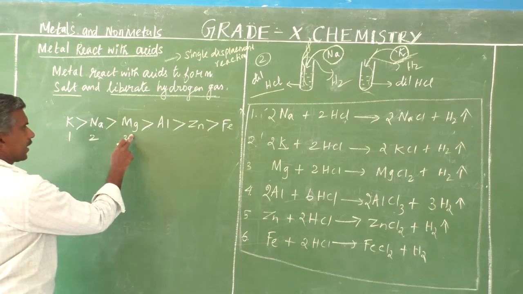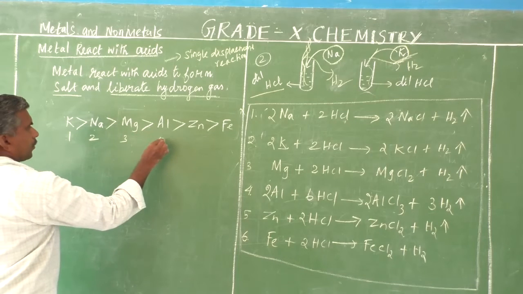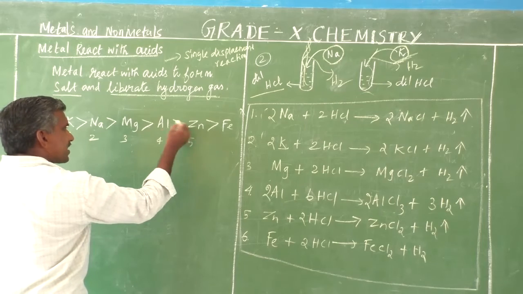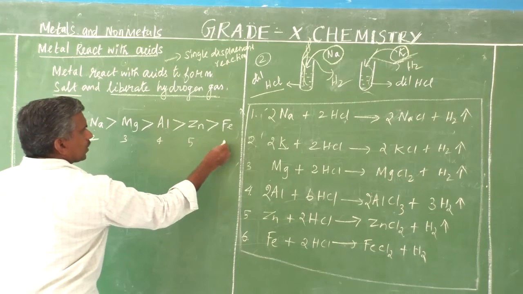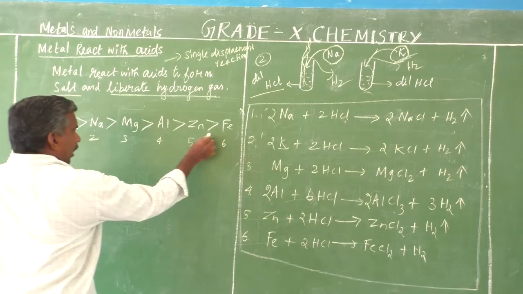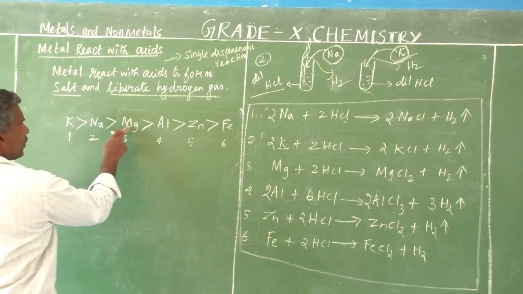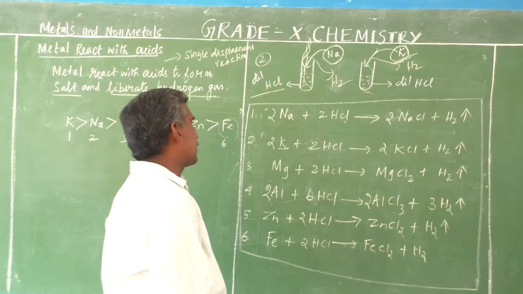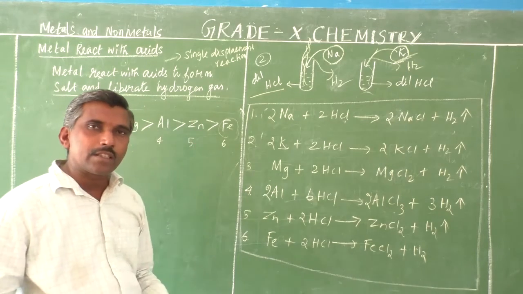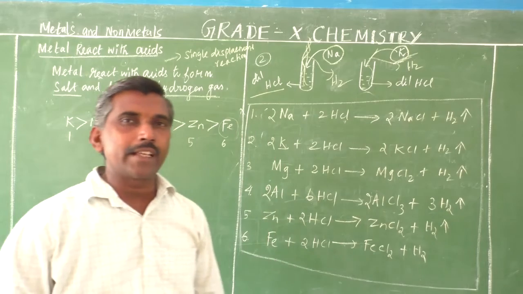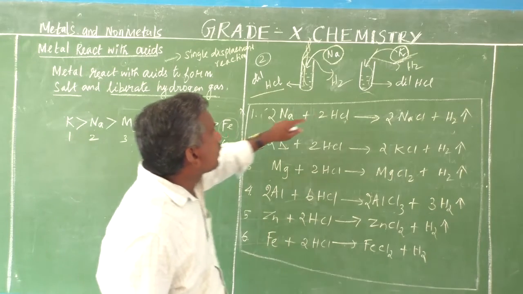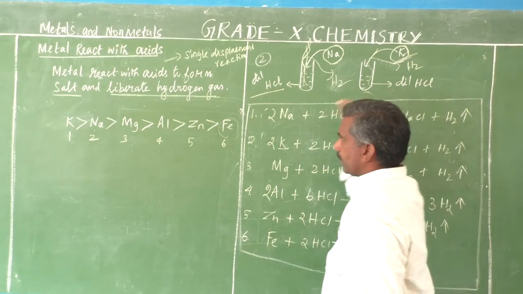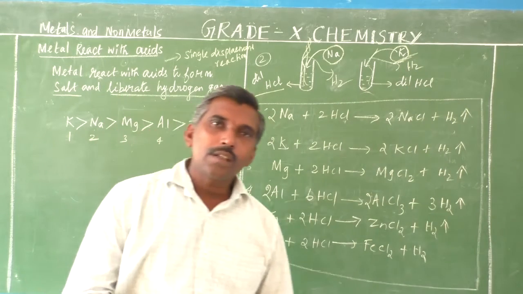Aluminium is fourth, zinc is fifth, and iron is sixth. Iron is the least reactive metal because it reacts very slowly with hydrochloric acid to give hydrogen gas. But potassium reacts with hydrochloric acid very violently and a huge amount of hydrogen gas is released, while iron reacts very little.